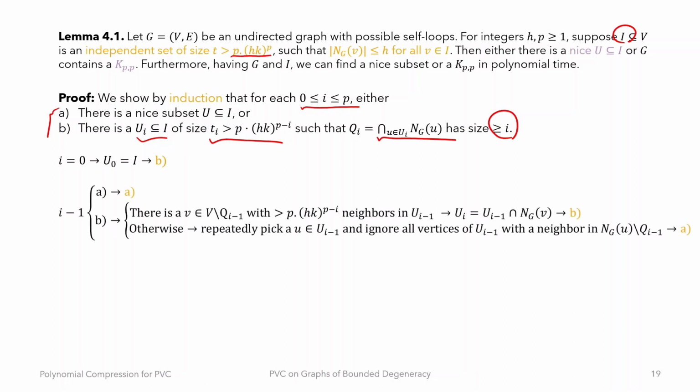Let's say from step I minus 1, we know one of A or B is true. If A is true, then we are done with step I as well. If B is true, then let me draw a picture. So we have U_{i-1} and Q_{i-1}.